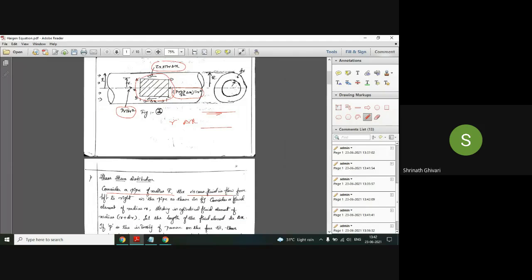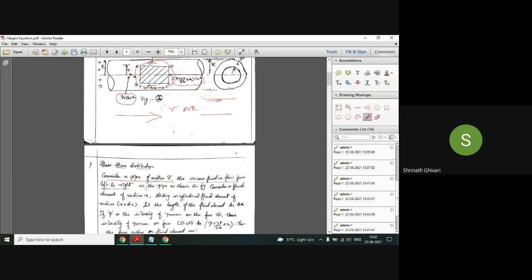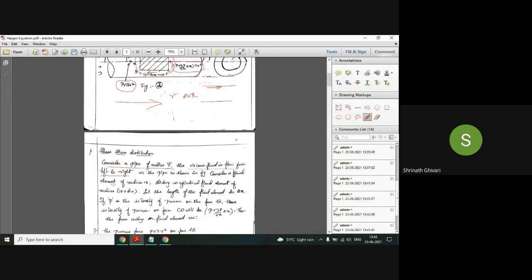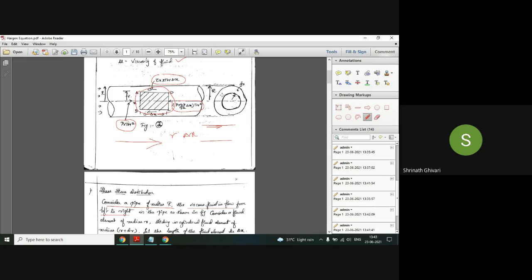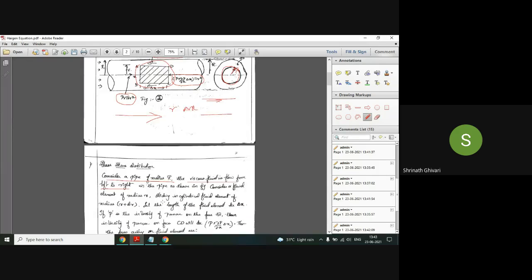The viscous fluid is flowing from left to right in the pipe, as shown in the figure. Consider a fluid element of radius r sliding in a cylindrical fluid element of radius r plus dr. It is flowing through this. R plus dr means r plus the thickness of the fluid element, dr. Let the length of the fluid element be delta x.